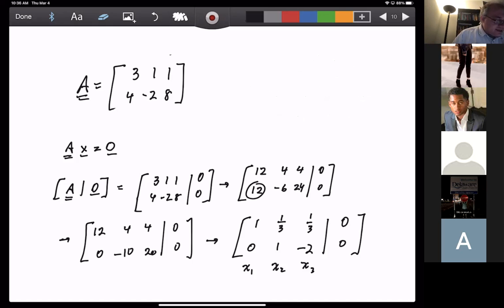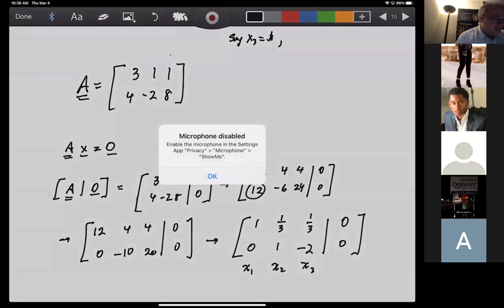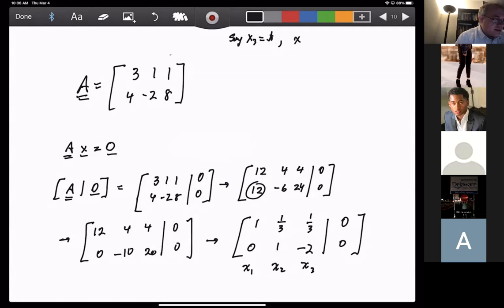So let's try to characterize our solution. From the second row here, if we say x3 is equal to t, we're going to have x2 minus 2t is equal to 0, or x2 is equal to 2t.